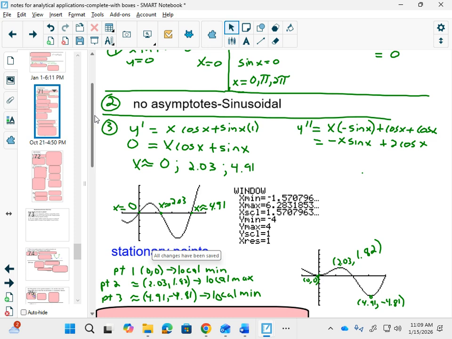So I could have got the 2.03 and the 4.91 from my graphing calculator from my max and min, or I could graph my derivative and get it from there as well.